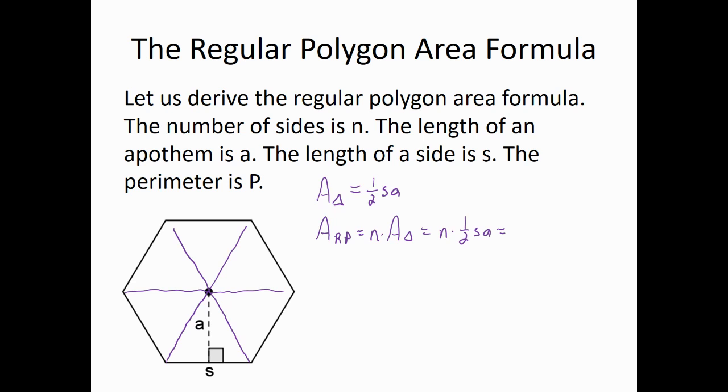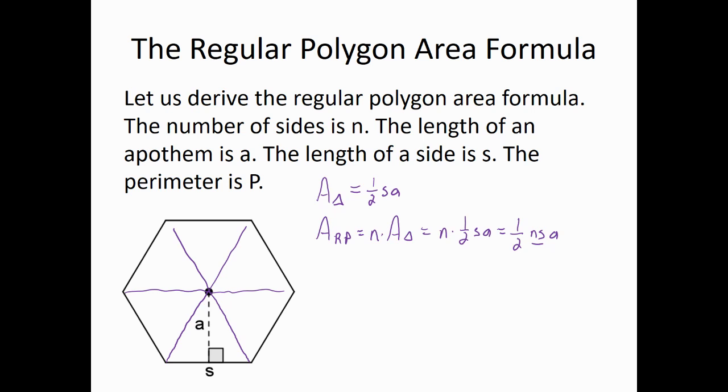And I want to rearrange this just a little bit so that it reaches its final form. So let me bring the n inside. So this is, of course, equal to 1/2 NSA. And I want you to think about that quantity n times s for just a moment. That's the number of sides times side length, and this, of course, is a regular polygon where all the side lengths are equal to one another.